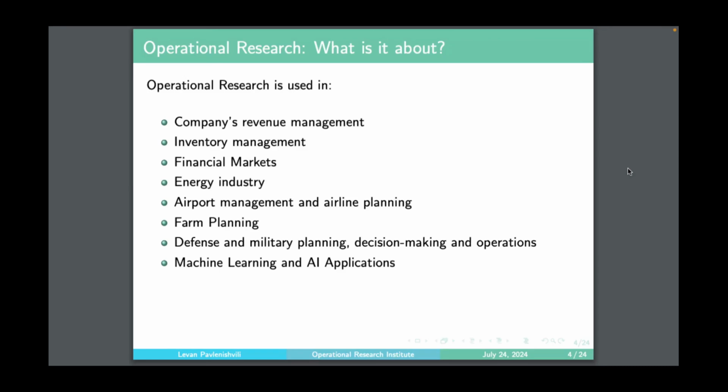The initial algorithms were about deploying the radar systems around the country in order to have a quick response. And initial optimization models were about that. Defense and military industry very actively uses operational research.